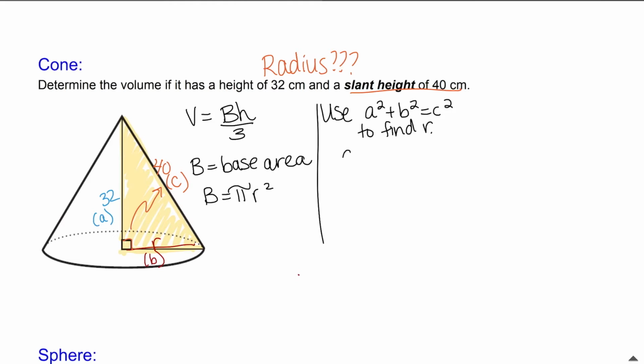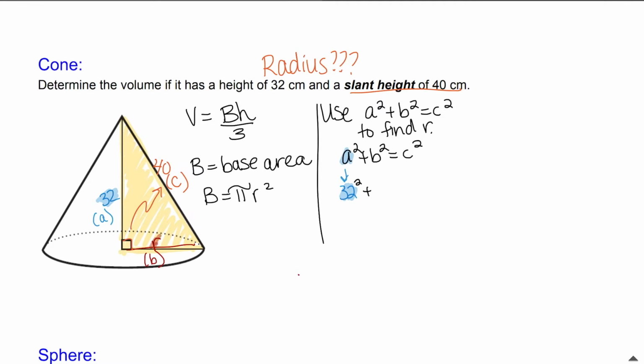So when I do A squared plus B squared equals C squared, I'm going to replace this A with 32. I still have to square it. I have to copy down the plus sign, and let's color code this so you can see this here. So that's why I replaced the A with 32. Copy down the plus sign.